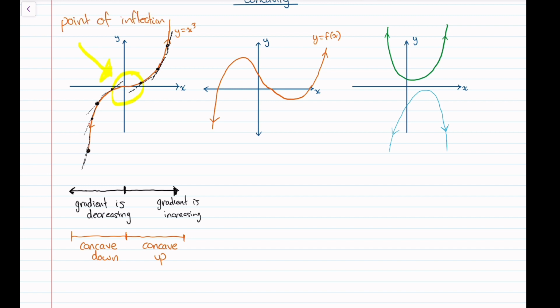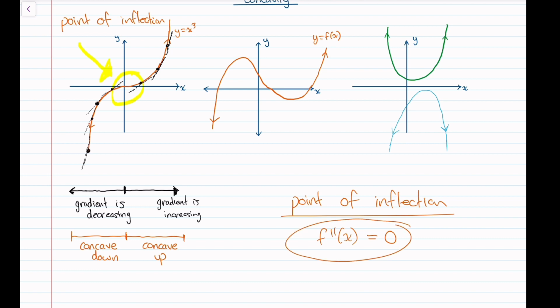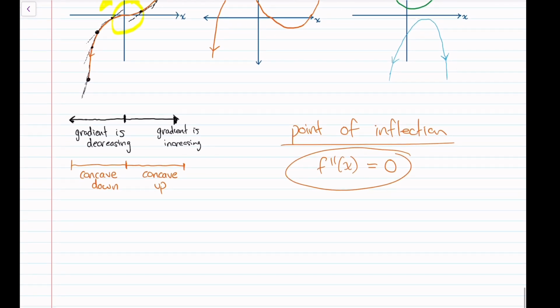And the way that we can find a point of inflection without having to actually graph this function is that at a point of inflection, the second derivative at that particular point is going to be equal to 0. So if you ever have a situation where the second derivative of a function is equal to 0, that tells you that point is a point of inflection.